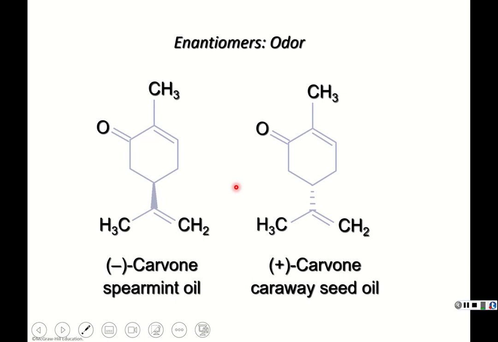That's a simple example, but with molecules it can be a little bit trickier to draw them. Here's an example of two enantiomers, and they have the exact same atoms, bonded the same way. Their spatial arrangement is just slightly different.